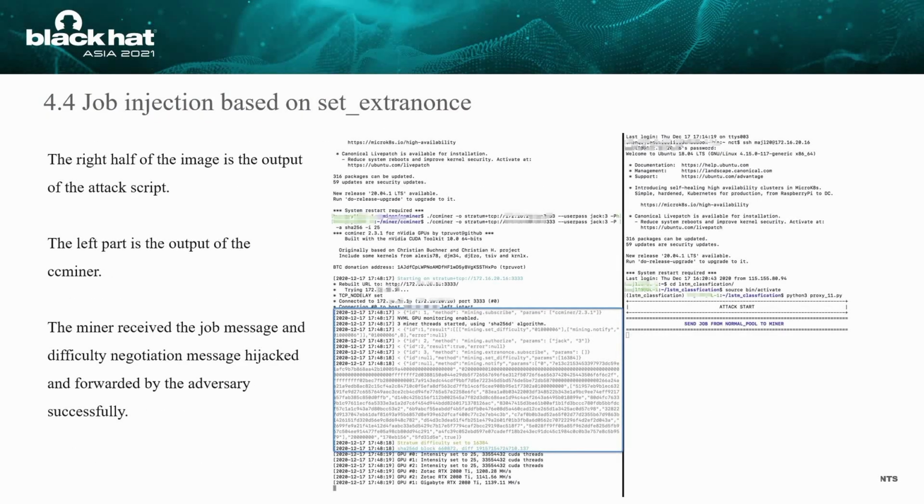We can see from the log, the right half of this image is the output of the attack script, and the left part is the output of the CCMiner. We can see the miner received the job message and the difficulty message hijacked and forwarded by the adversary successfully.